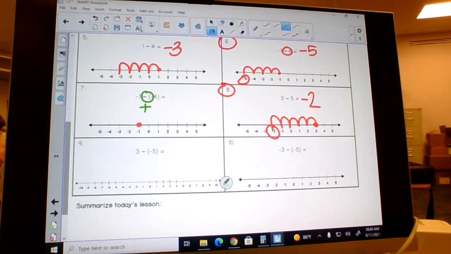So this is going to change to be negative 1 plus 4, because it's minus a negative. I'm at negative 1, and I'm going to add positive 4 to it now. So which way am I going to move it? To the right, because I'm adding a positive 4. So 1, 2, 3, 4. That puts me at 3.